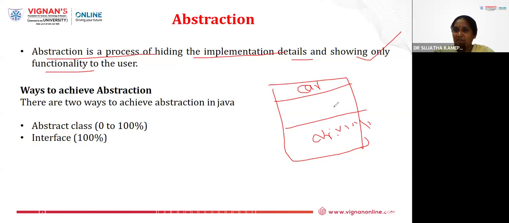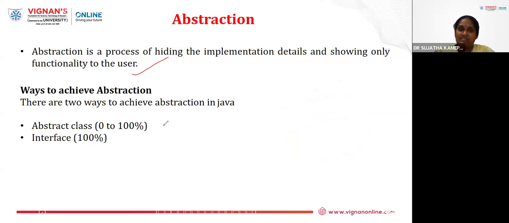How the engine is built, how it is developed, how the connections are made, all those things, there is no need of learning, right? So hiding the implementation details and showing only the functionality is called abstraction. So how can abstraction be achieved in Java? We have two ways to achieve abstraction in Java. One is abstract classes and another one is interfaces.